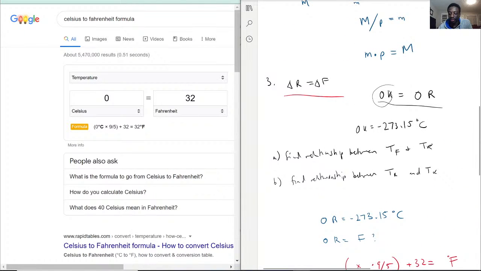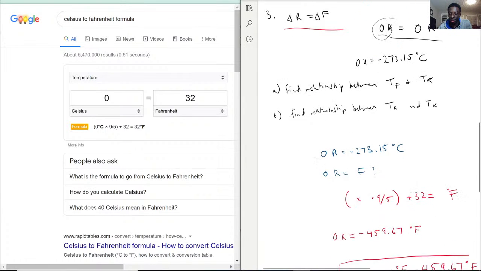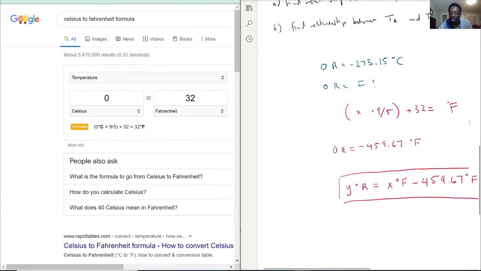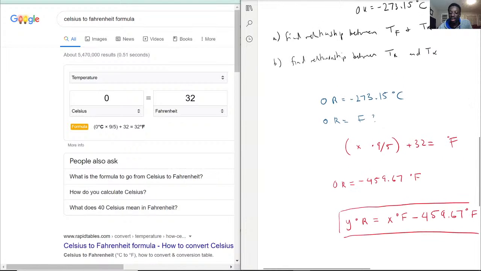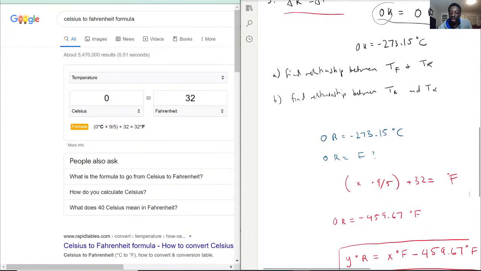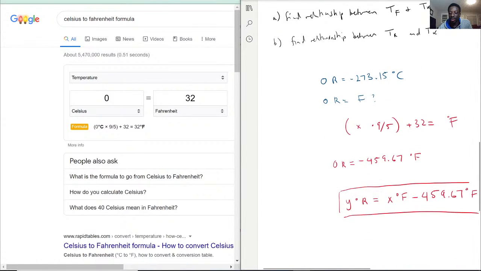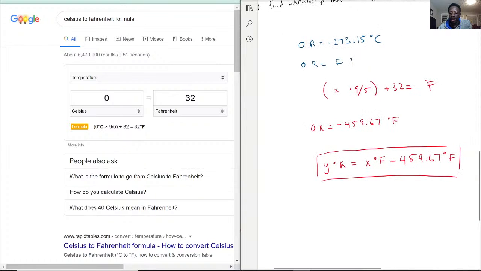So 0 Kelvin is equal to 0 Rankine, but Rankine changes like Fahrenheit, and Kelvin changes like Celsius.